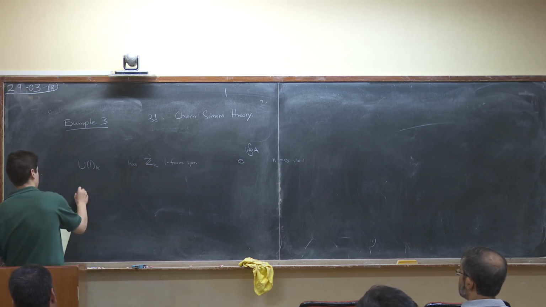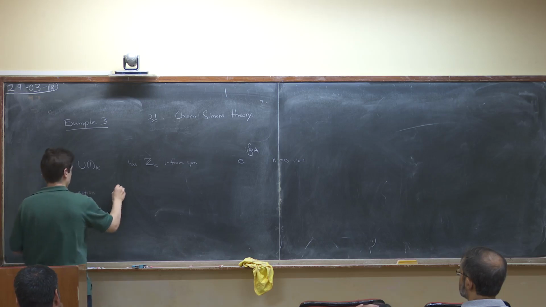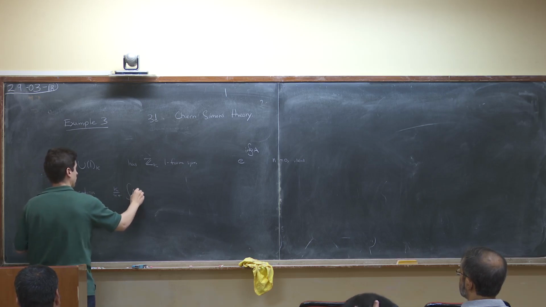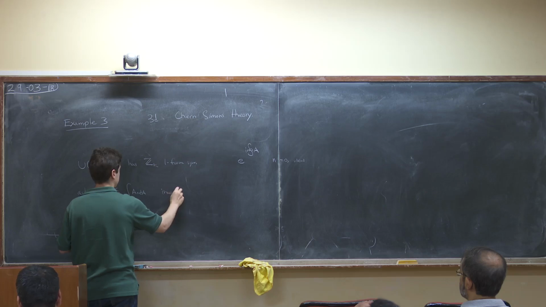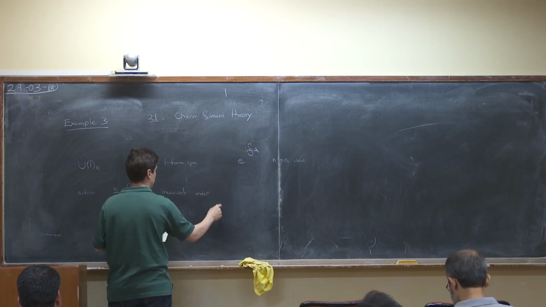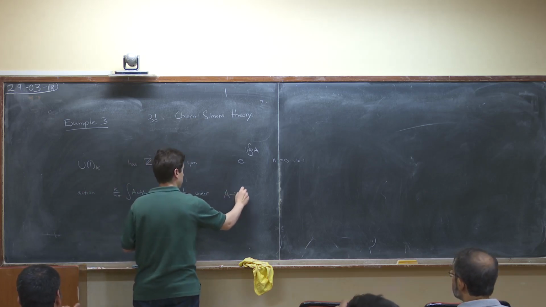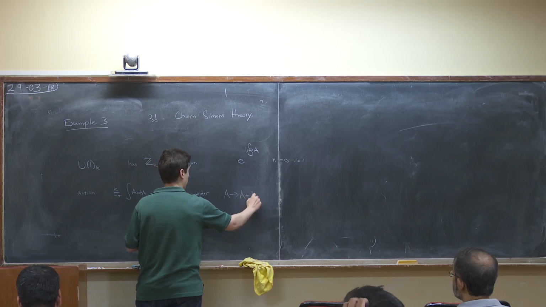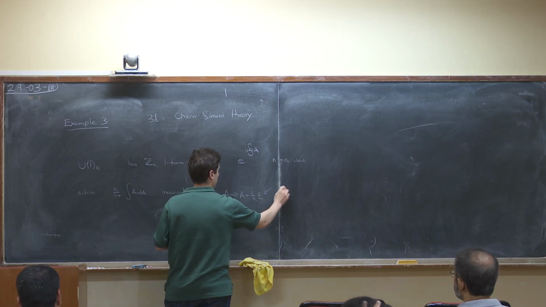The action, k over 4 pi, A wedge dA, is invariant under shifts by a flat connection, under shifting A to A plus 1 over k times epsilon, where this is some U(1) flat gauge field.